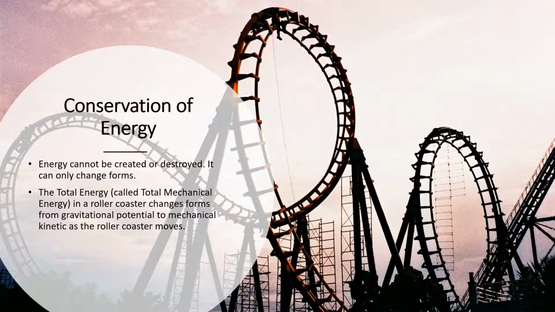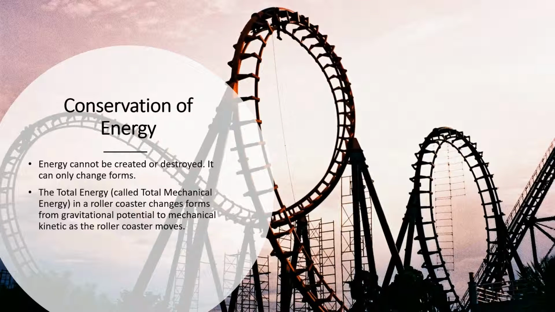It's really just the mass of the roller coaster car and you and everything, times gravity, which is 9.8 meters per second squared, times the height of that particular hill. All the energy is going to be that. And that's going to be something we're going to use a lot.